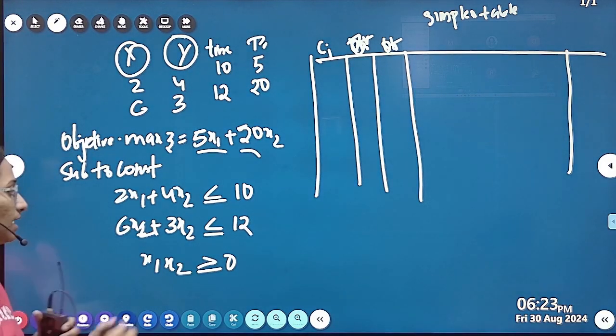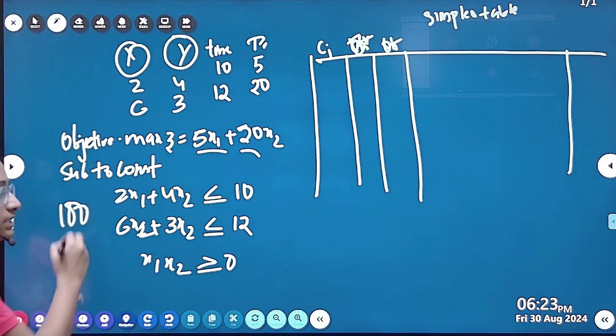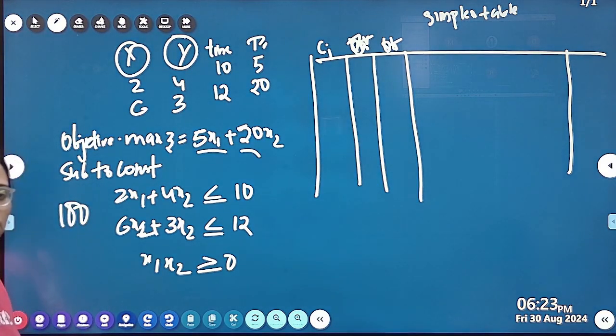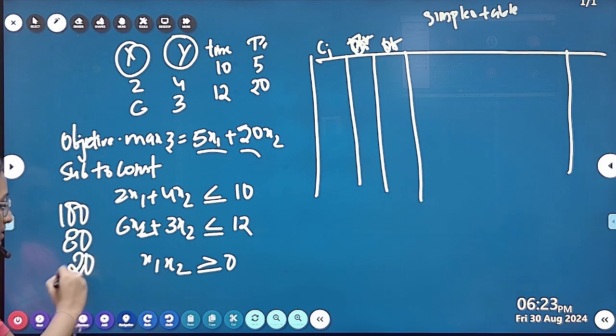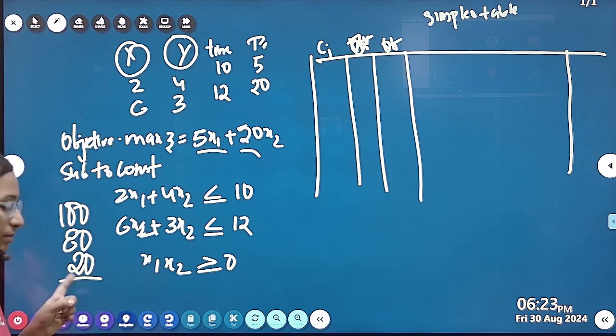Like, for example, our paper is for 100 marks, but we have attempted only 80 marks. The remaining 20 marks, will that affect your 100 marks paper? No, because you have not attempted them at all. We need not worry about that 20 marks.